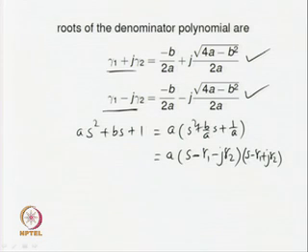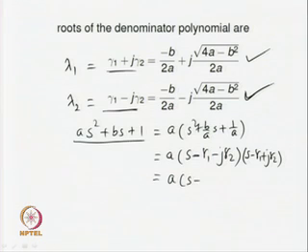So, when the two roots are assumed in this form and subsequently when you allow me to write the roots in the form of some variable lambda 1 is equal to gamma 1 plus j gamma 2 and lambda 2 is equal to gamma 1 minus j gamma 2, then the polynomial can further be written in the form of a times s minus lambda 1 times s minus lambda 2.